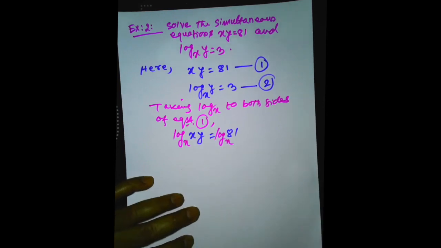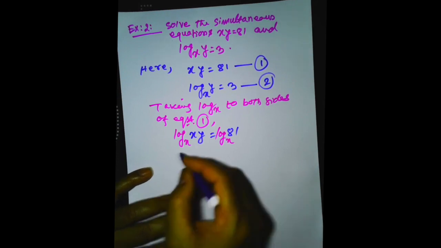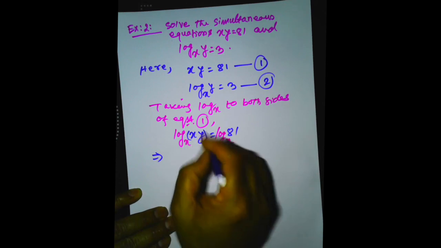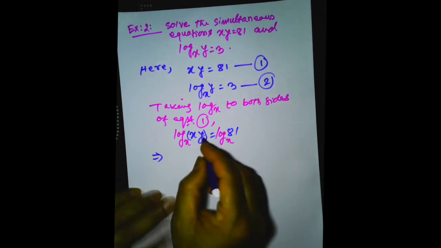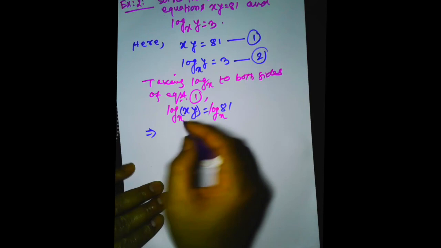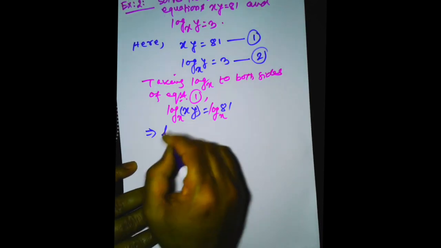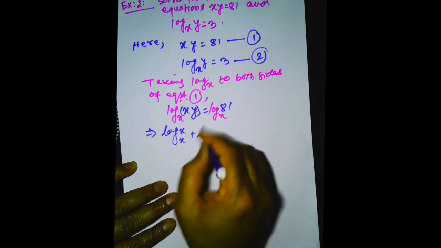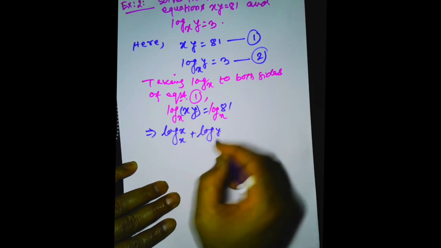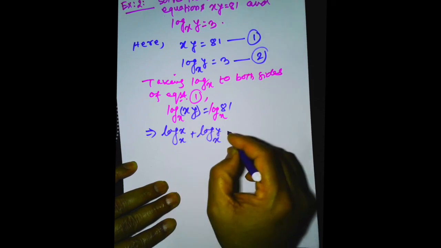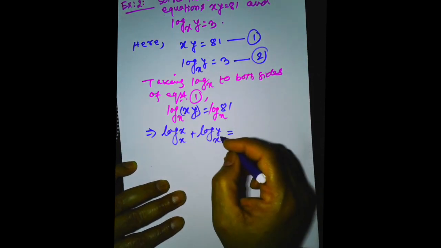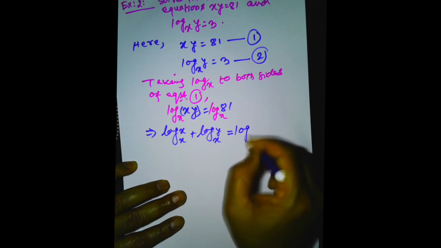So when I apply this, then, going to the further step, here it is xy, that means x times y. If you apply the product rule for logarithm, it's going to be log x to base x plus log y to base x. And you can just leave the right side like this, or you can factorize 81.